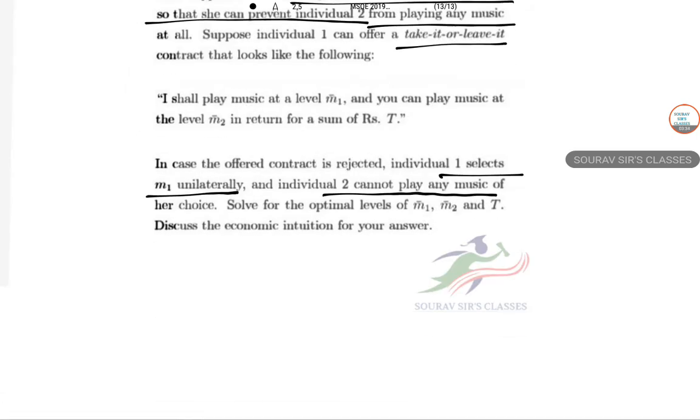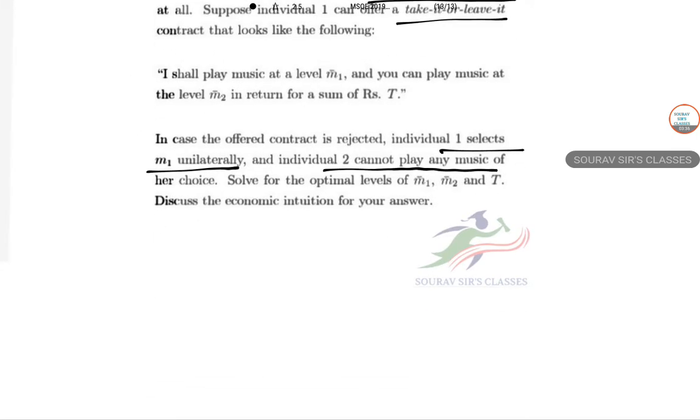If the contract is rejected, individual 1 will play M1 equals 2, which leads to the utility 8 plus Y1 for individual 1 and Y2 minus 6 for individual 2.